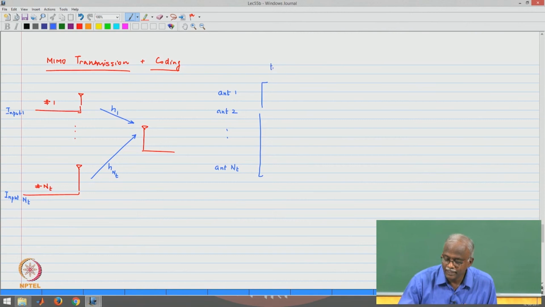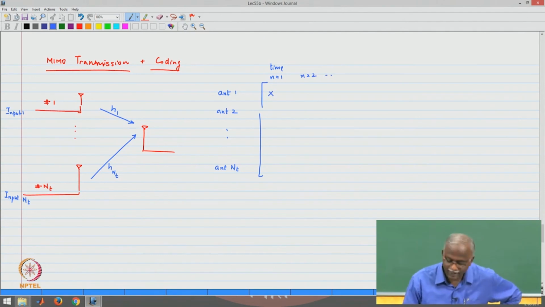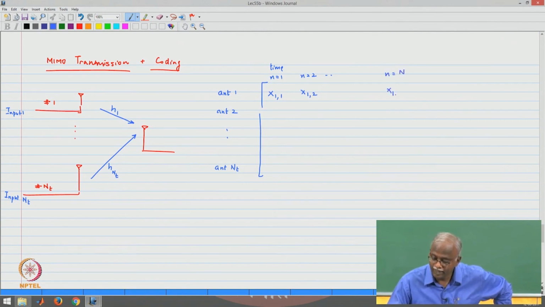This is time n equal to 1, n equal to 2, and so on. So, this is x, the signal transmitted from antenna 1 at time instant 1, x from antenna 1 at time instant number 2, and if there are n time instances, n equal to uppercase N, this will be from antenna 1 up to time instant n.